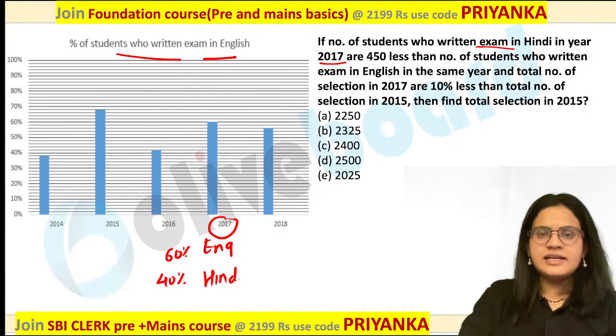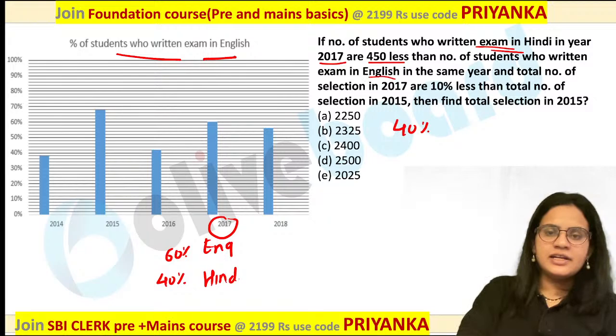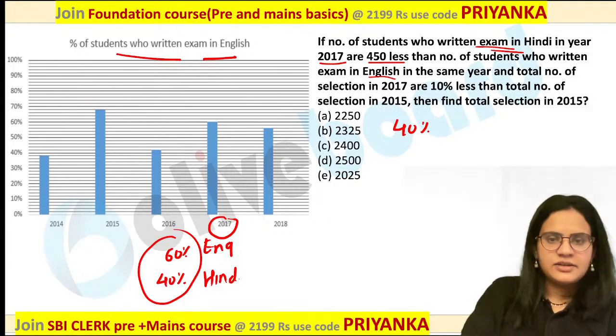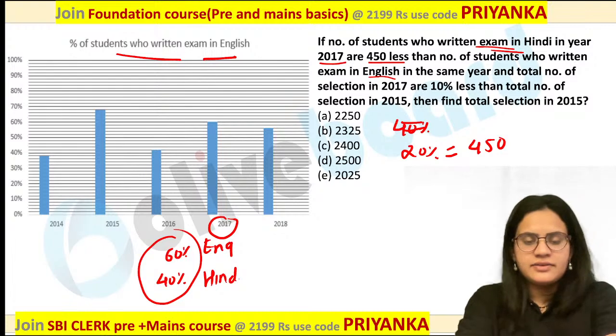Now your question says that the number of students who have written in Hindi in 2017, that is the 40% value, is 450 less than those who have written in English. That means the difference between the values, which is 20%, will be equal to 450. Do you guys agree with this?